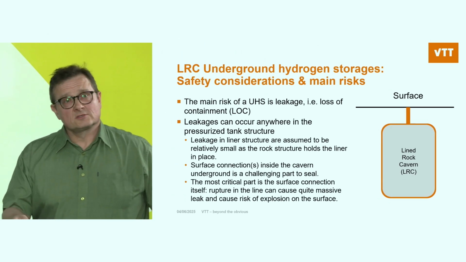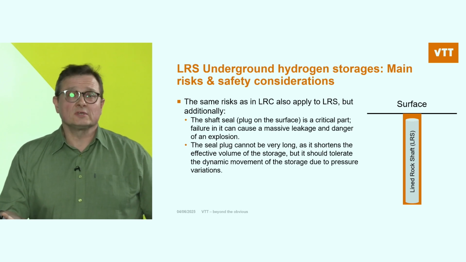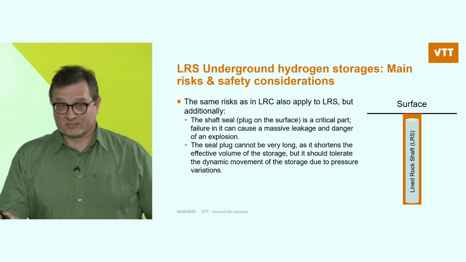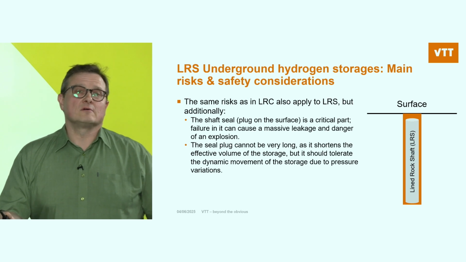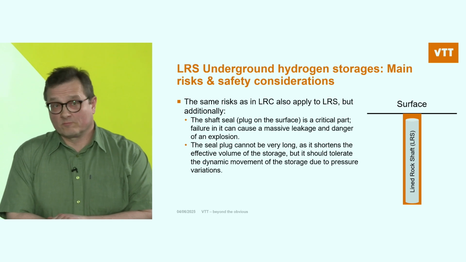So the other type of hydrogen underground storage is this lined rock shaft, and of course the same risks apply to this as in the LRC, but additionally, because there is no rock mass over the cavern, we must somehow engineer the plug on the surface so that it will not pop off because of the pressure.